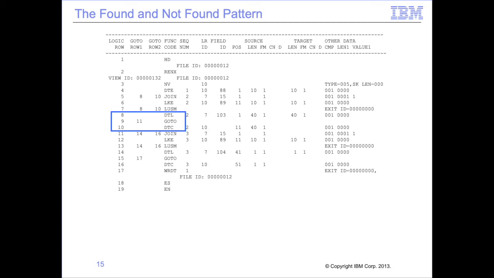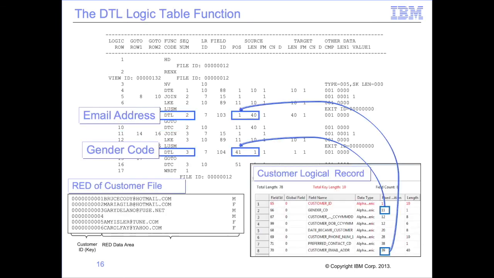In this lookup example, if the LUSM finds a corresponding customer ID in the customer table, the LUSM is followed by a DTL, move data from looked up field value. If no matching customer ID is found, a constant of spaces will be placed in the extract file by the DTC function.